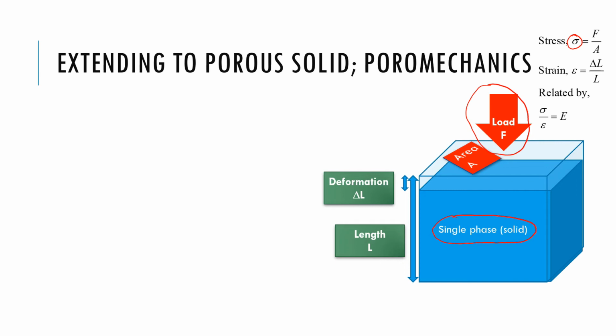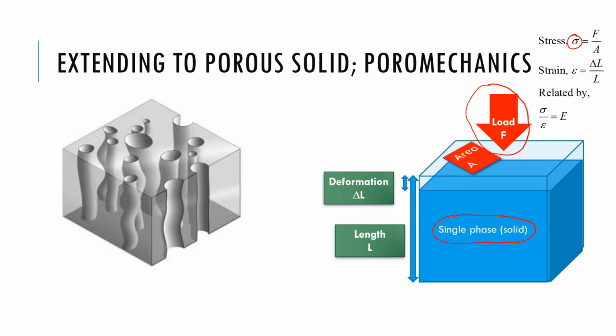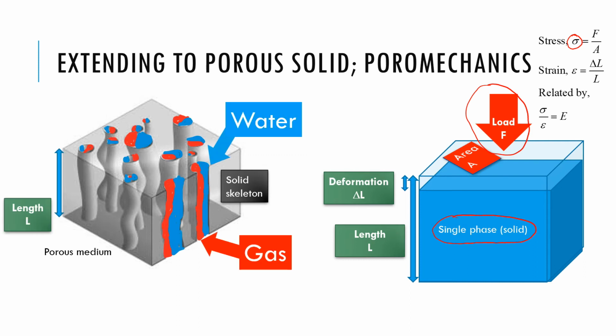Note that if you apply that same kind of load to a porous medium that has a solid skeleton, but it also has a fluid like water and gas, the load is going to be shared by the solid skeleton and the fluids.